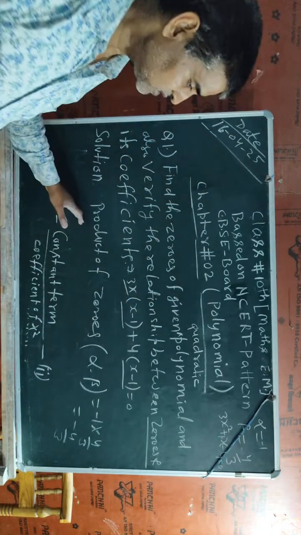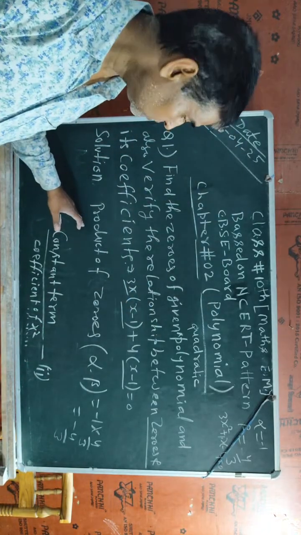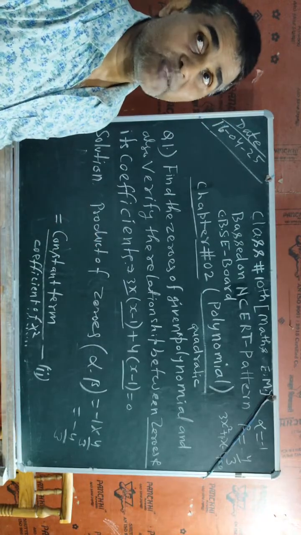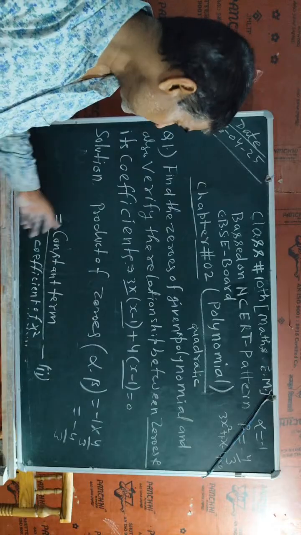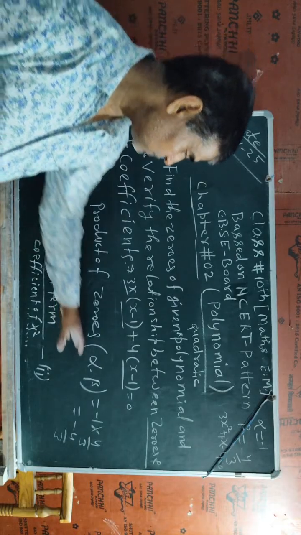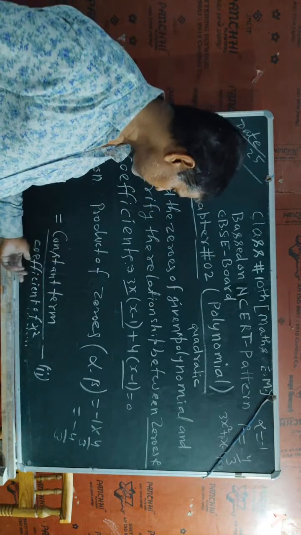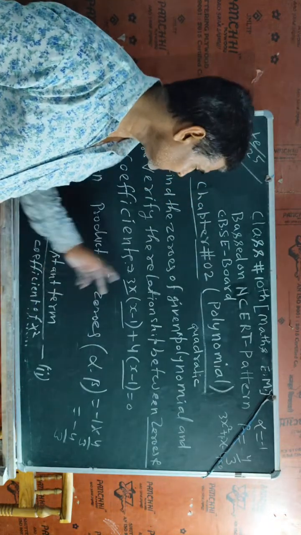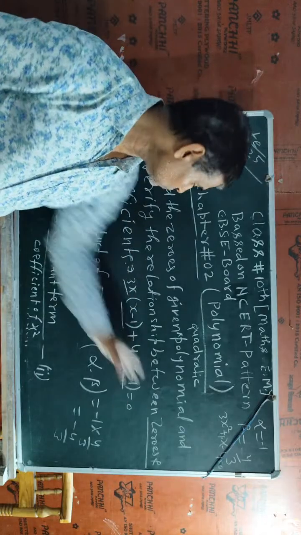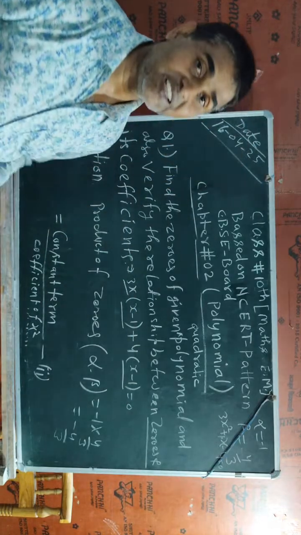So information number 1, I have got the value of minus coefficient of x divided by coefficient of x square. And product of the zeros means alpha into beta, which is equal to constant term divided by coefficient of x square. So from 1 and 2 we can say that the relationship between zeros and each coefficient is verified.